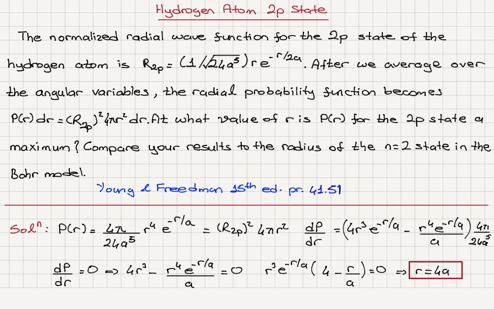Okay, so in this problem, we have worried about the 2p state of hydrogen. The given normalized radial wave function is this.